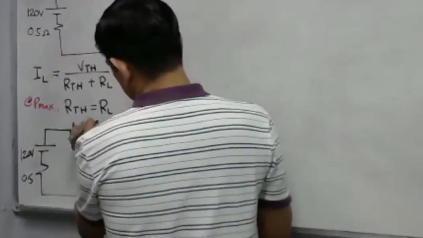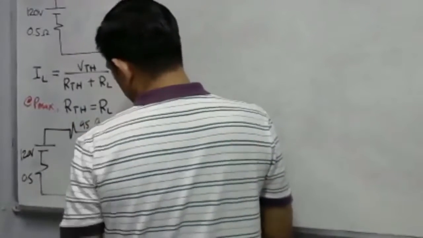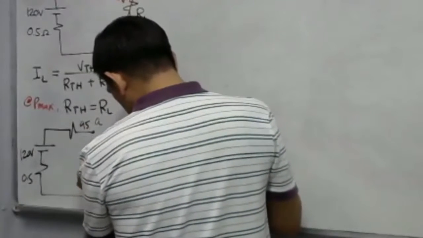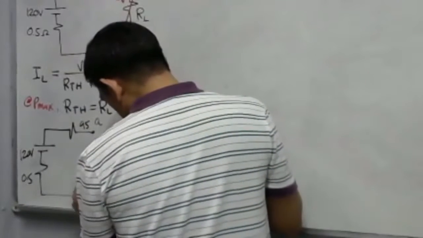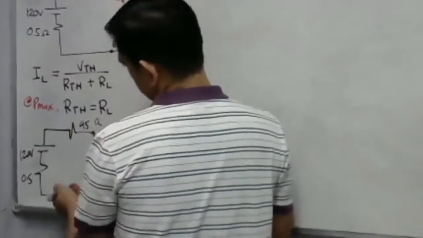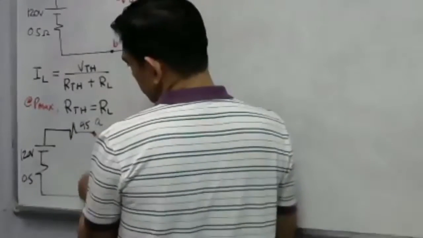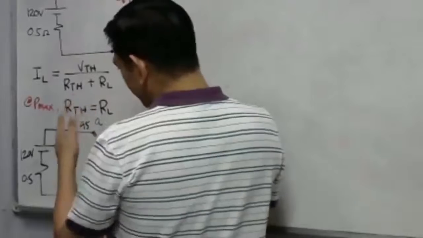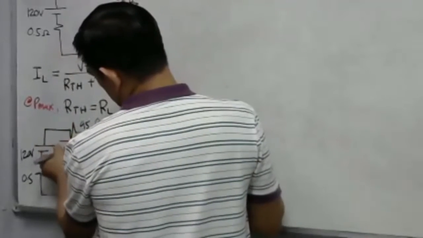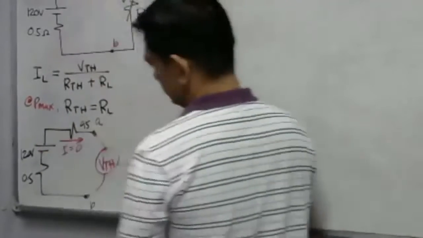These are our terminals A and B. We have here our VTH. Our VTH is actually our open circuit voltage. If we open these two terminals A and B, there will be no current flowing here. The I here is just simply 0.